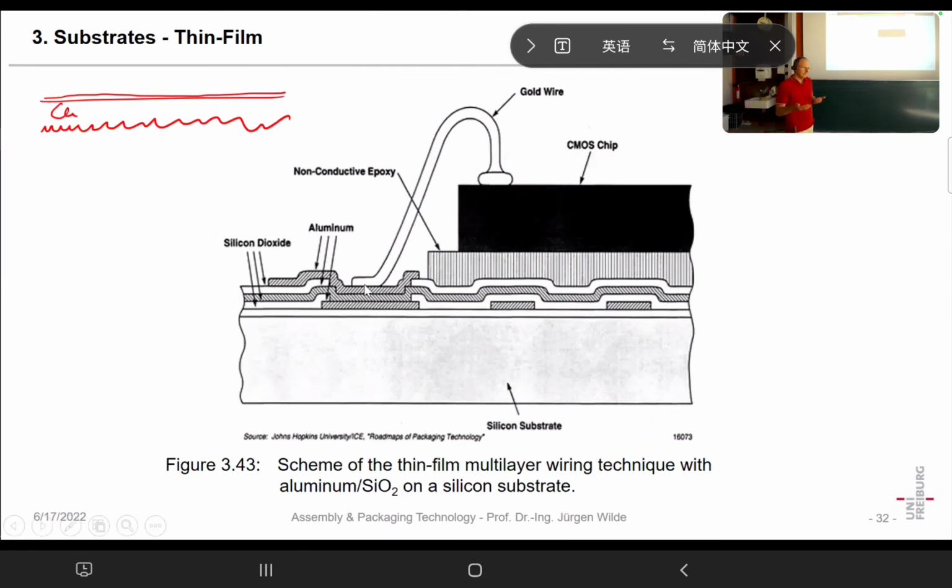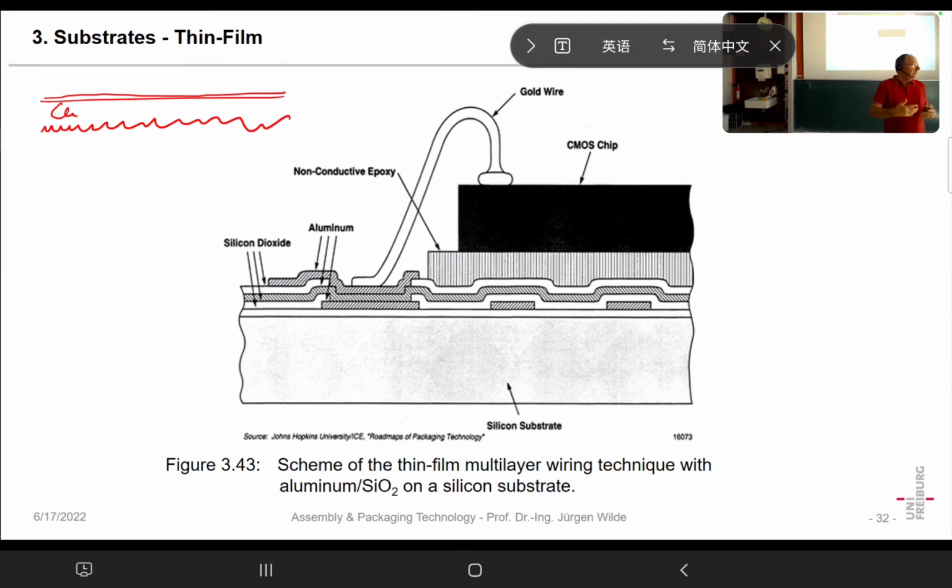Now, when we look at the individual layers we have here, we see mainly two layers. One is the conducting layer and the other is the insulating layer. So in our example, we had aluminum and silicon dioxide, and that's typically a layer system which you use when you already have a semiconductor fab available.